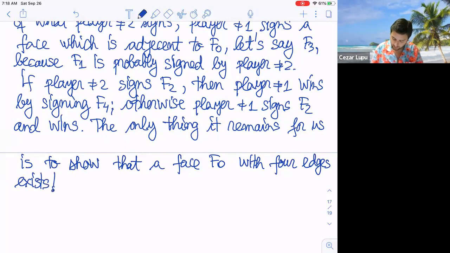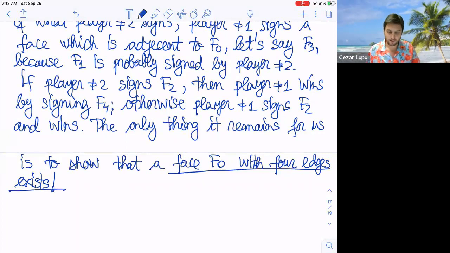So that's the only thing we need to show. If we show this, then game over.